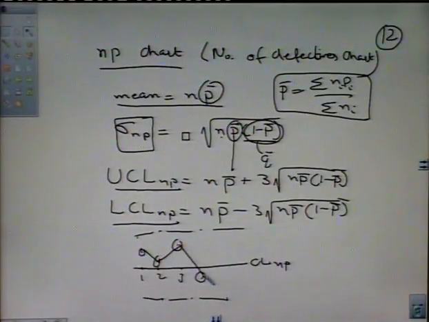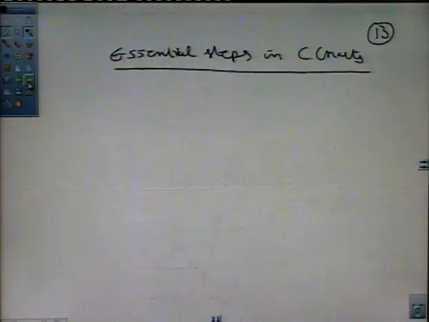So, this will be the number of defectives chart. Any point falling outside the control limits represents that statistical control is not there, and we have to deal with this situation because assignable causes of variation are present, and it is because of some external source of chances that this problem has occurred.